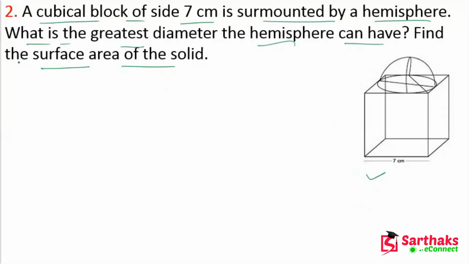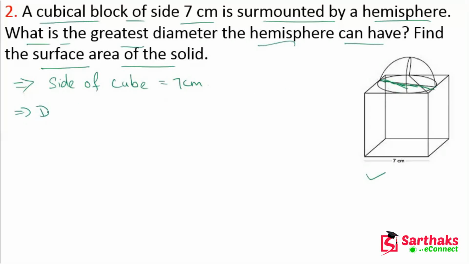First of all, we have to write the given part. Each side of the cube is 7 centimeter. If you observe, the distance from this to this is equal to the side of the cube, and this is also the diameter of this hemisphere.